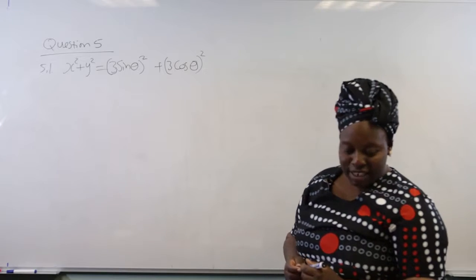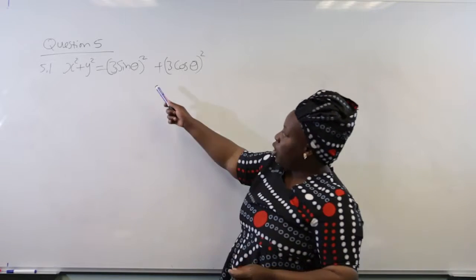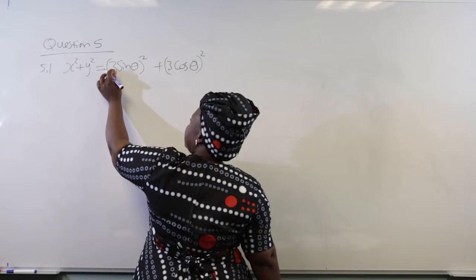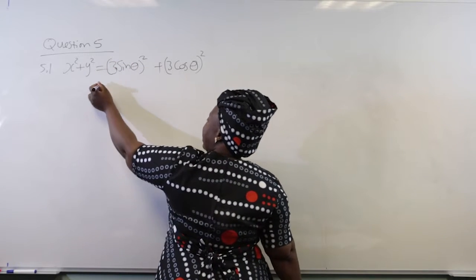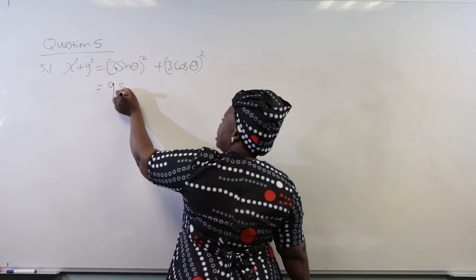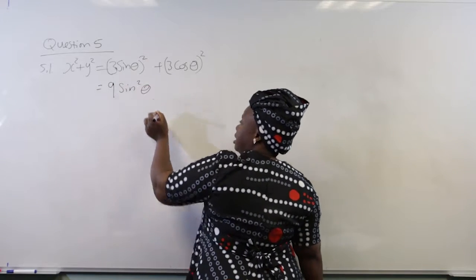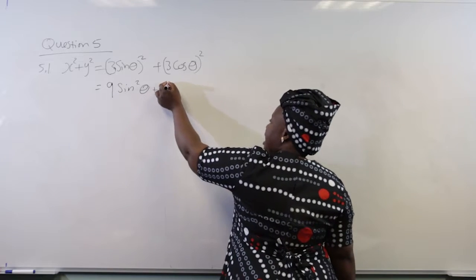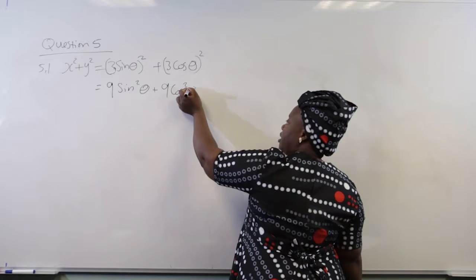So you simplify until you cannot do anything, only on the right hand side. Remember that 3 squared is giving us 9, so this is going to be 9 sine squared theta, and the 3 cos theta will give us 9 cos squared theta.